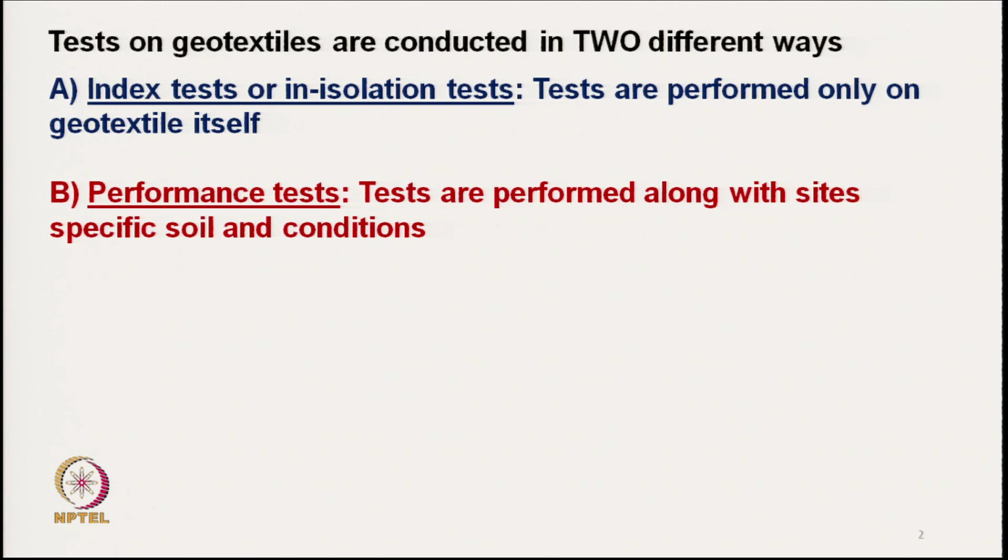And if you want to know the performance characteristics, then a performance test is required. This performance test is carried out with the site specific soils and conditions. We should take the specific soil and create the particular condition during the test, so that we can actually predict the performance of geotextile in use.